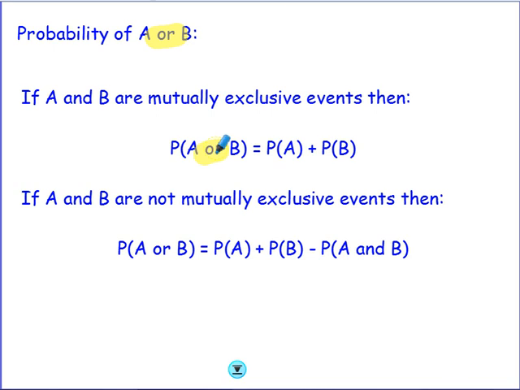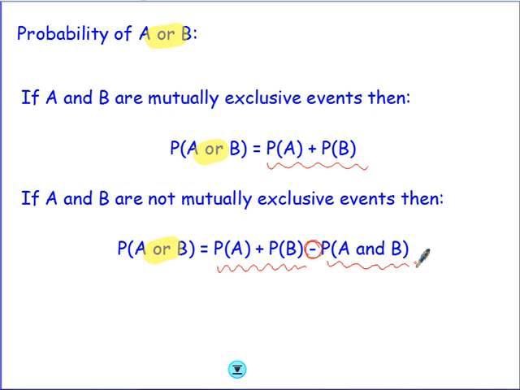If the two things that we are referring to do not have anything in common, all you have to do is add the two probabilities together. However, if the two items still say or, but there are things in common, you still add the probabilities together, but you have to subtract how many they have in common.